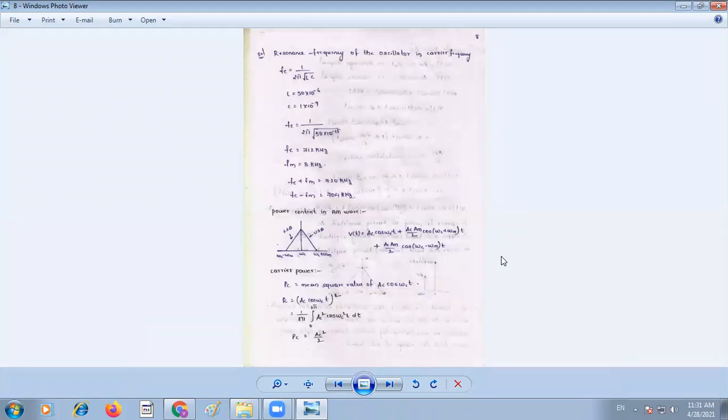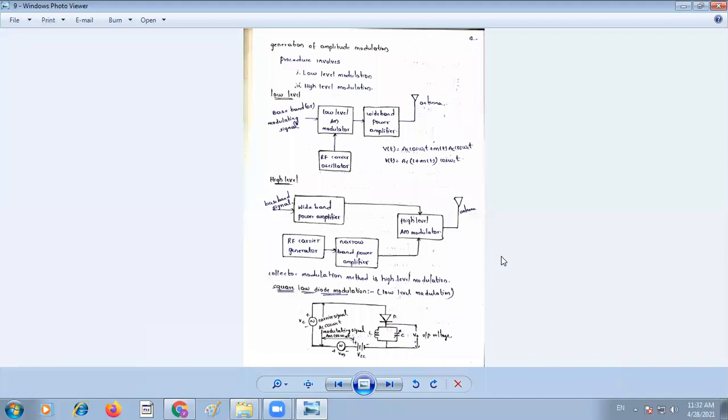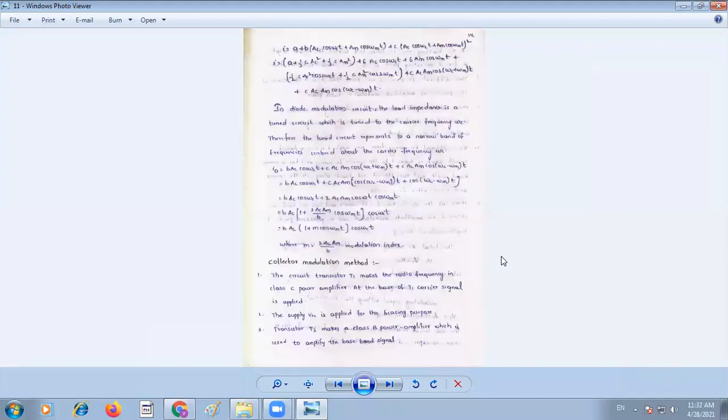Students, here are some power calculations for the AM signal. How much power is transmitted when modulated? The total power of the signal has the carrier power and the two sideband powers.